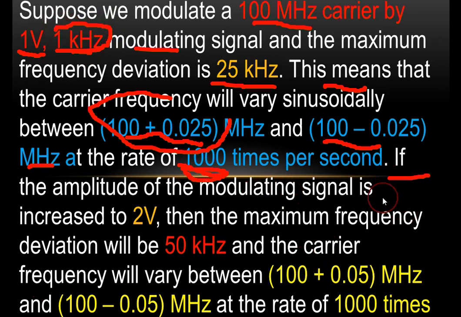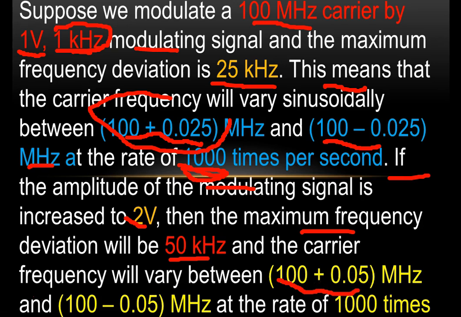Now if the amplitude of the modulating signal is increased, we made it double, then we have to make the deviation also doubled. Instead of 25 kilohertz, that would be 50 kilohertz.